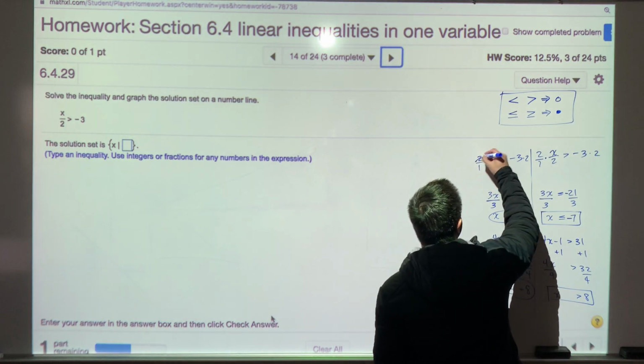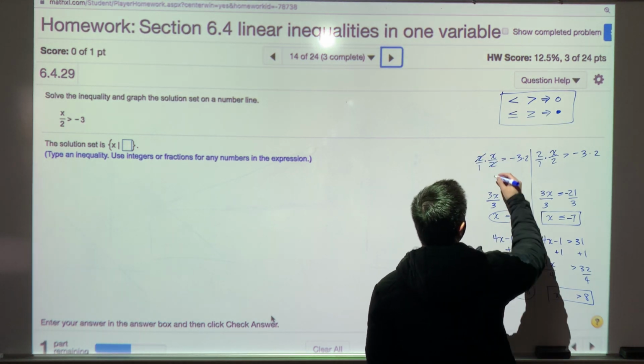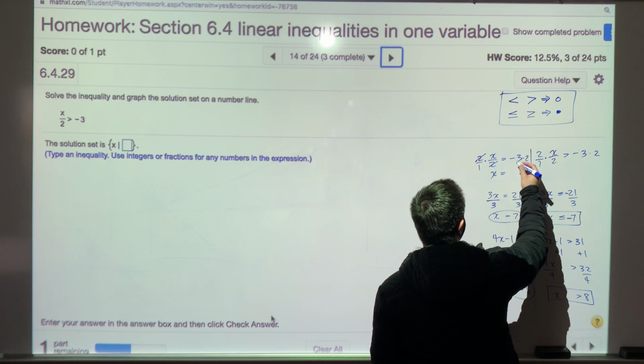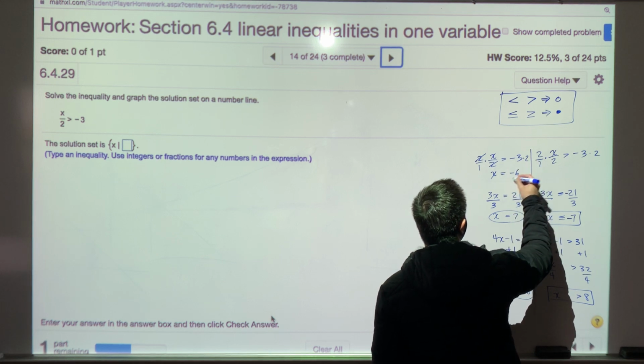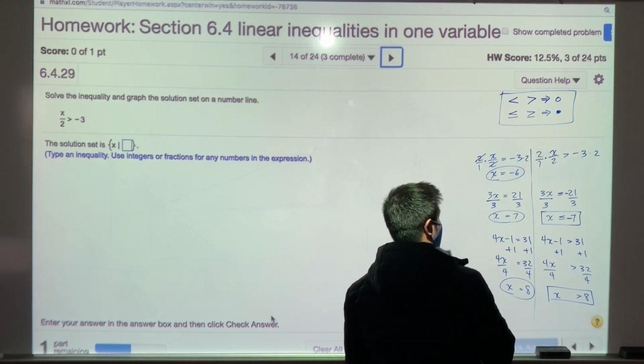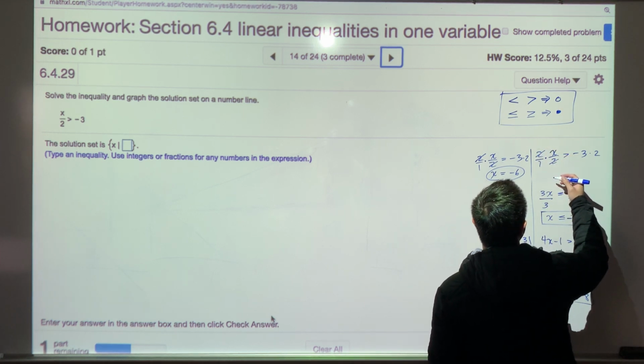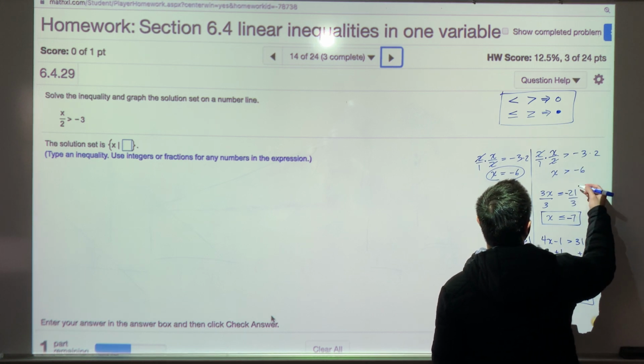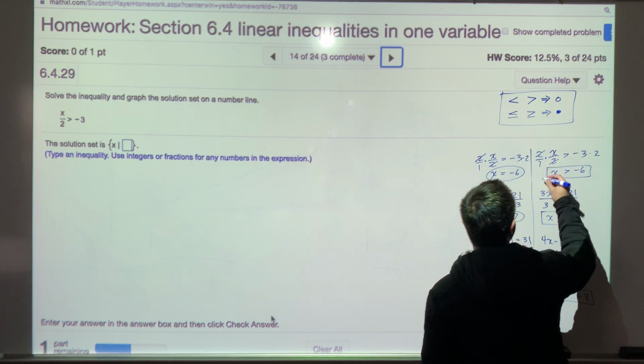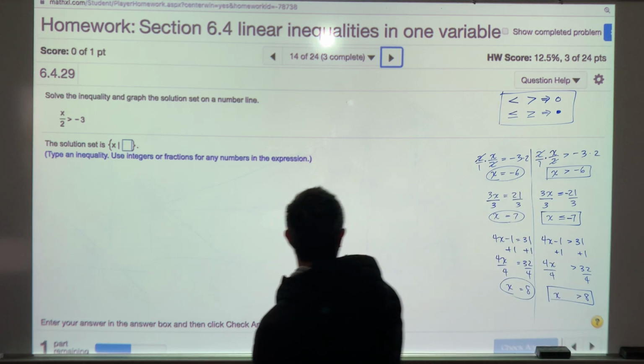And so in the past, this would have canceled it, leaving you with just x equals negative 3 times 2, negative 6, and there would be the answer. Well, the same is true here. These cancel out, leaving you with x is greater than negative 6. And so that is my answer.